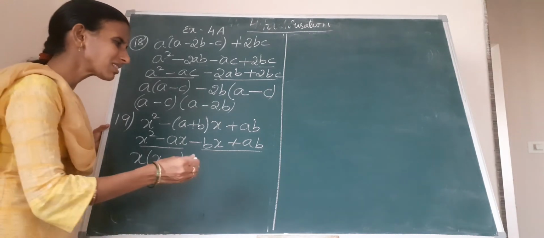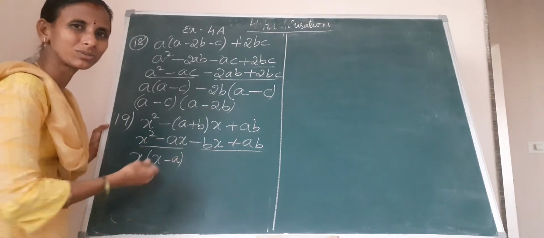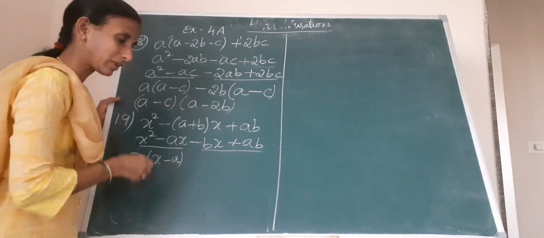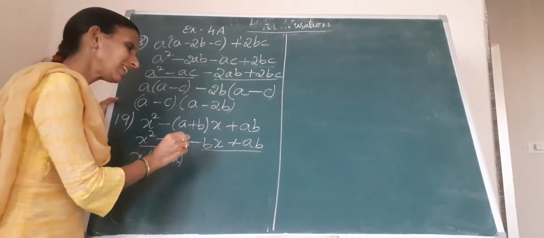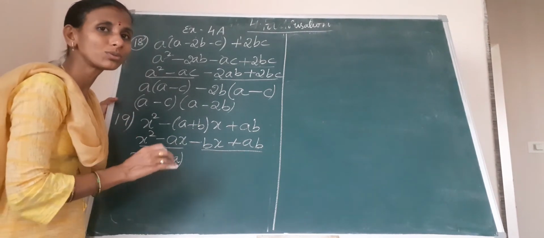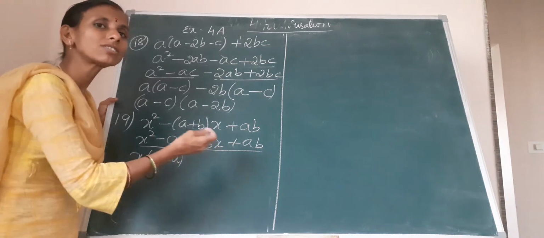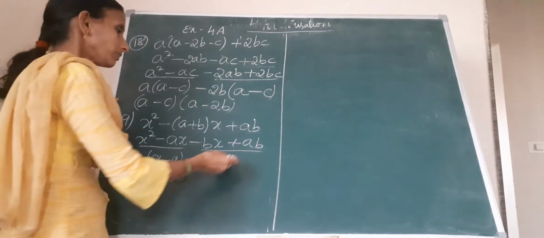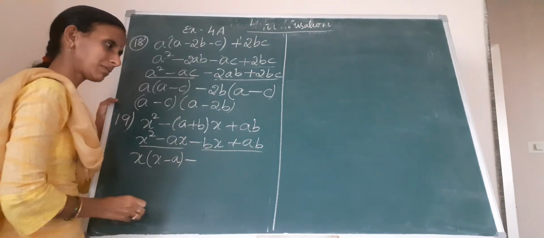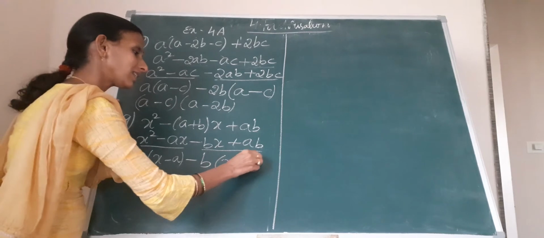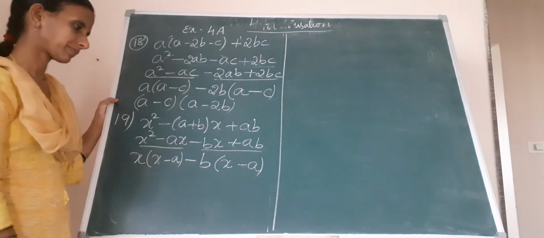These are the silly mistakes people make while doing this factorization. Actually, this factorization is a very easy topic, but with the signs, most of the students make mistakes. So be careful while solving these factorization problems. Okay. So here I am taking minus out as a common. B into x minus a.